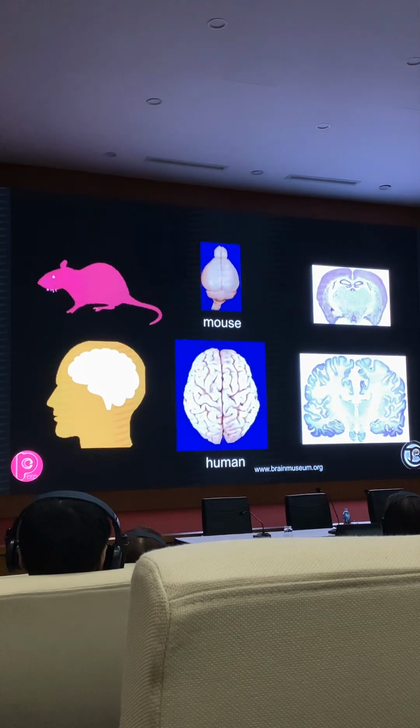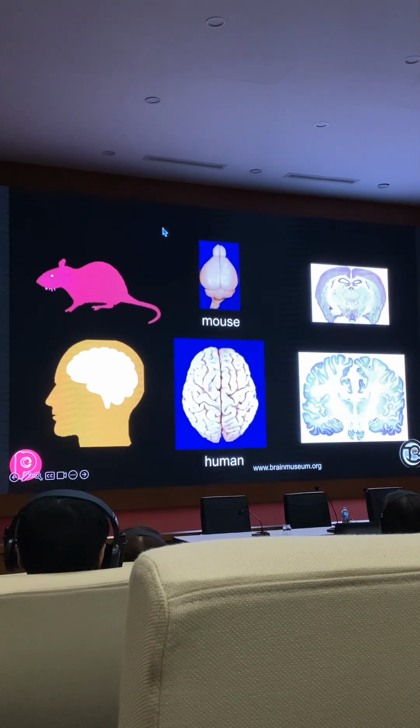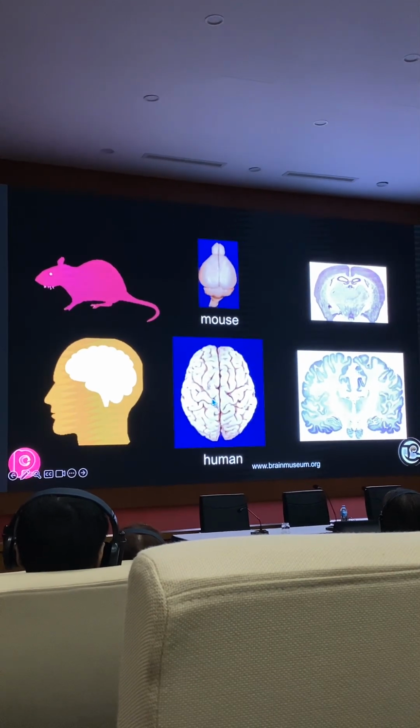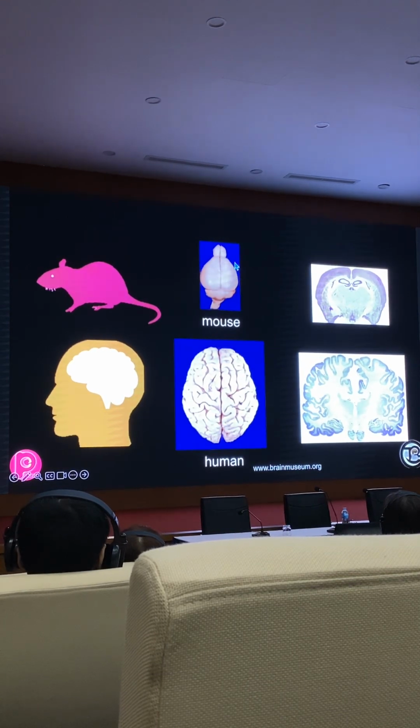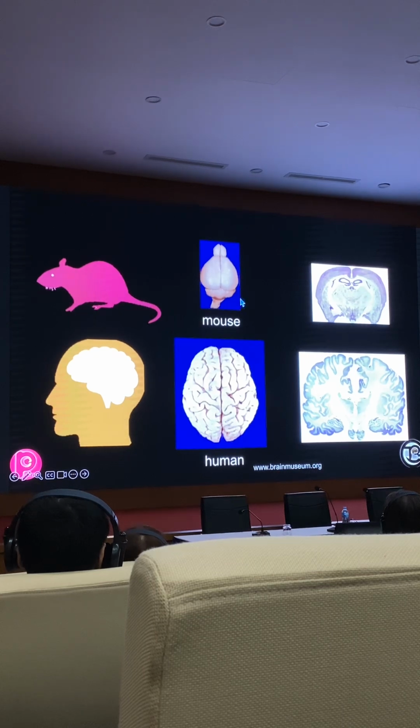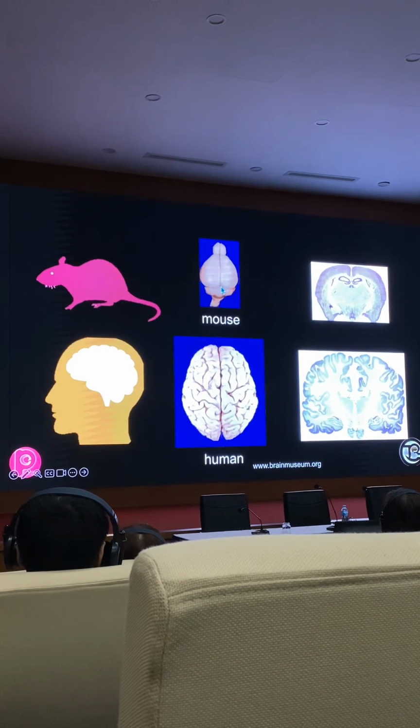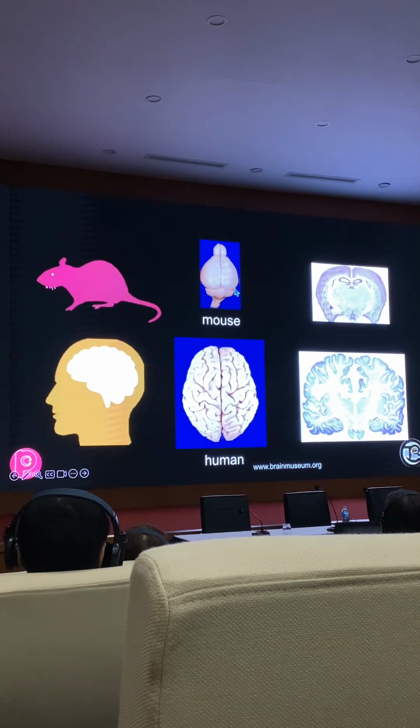And let's compare the mouse brain and human brain. In the mouse brain, here you can see a very smooth brain. However, the mouse has no epilepsy and seizures, right?